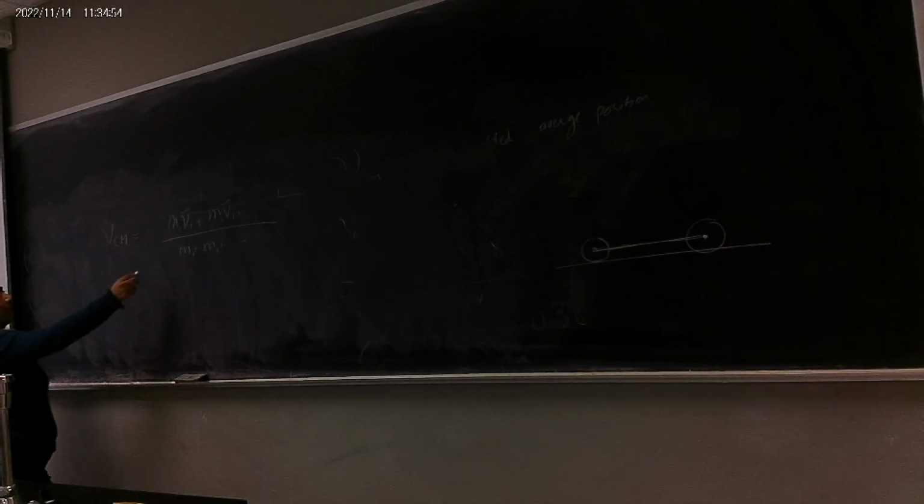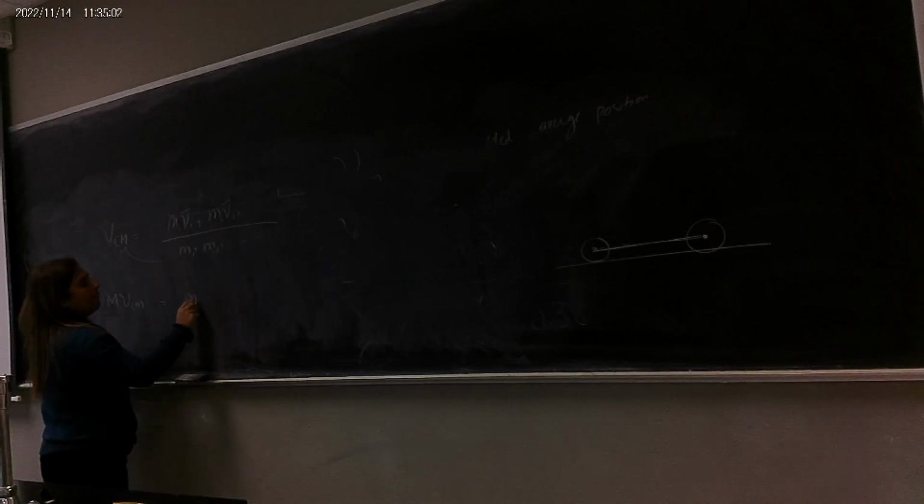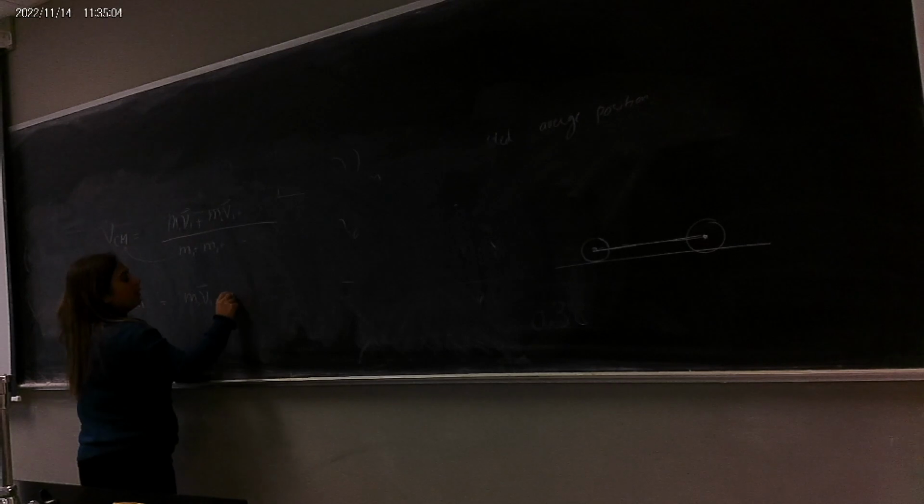We can also multiply: if I multiply this on this side, the total mass times VCM would be equal to m1 v1 plus m2 v2 plus so on.